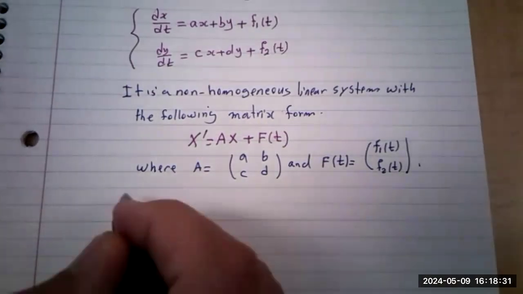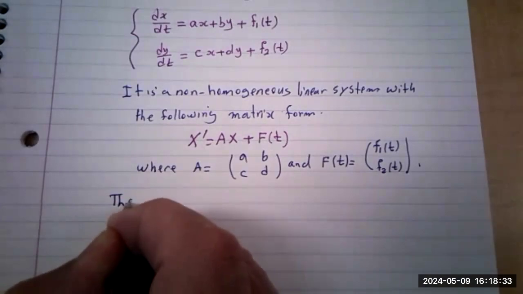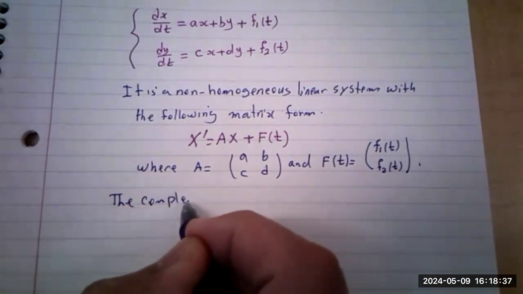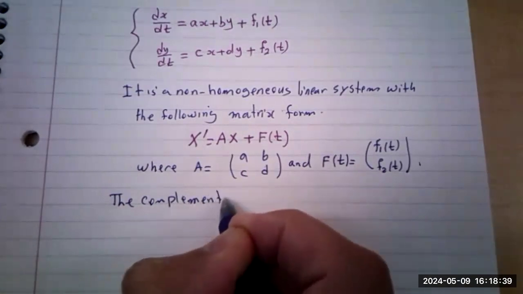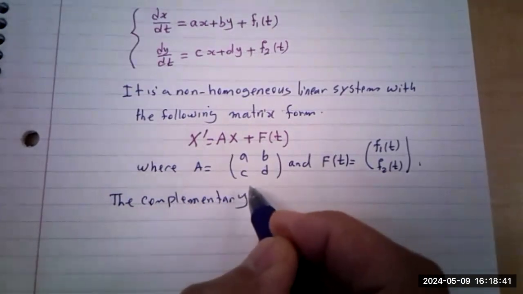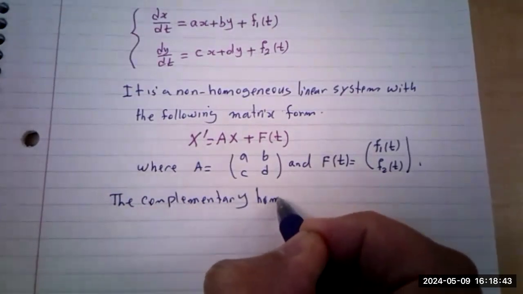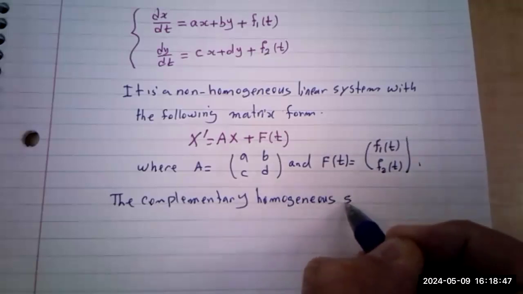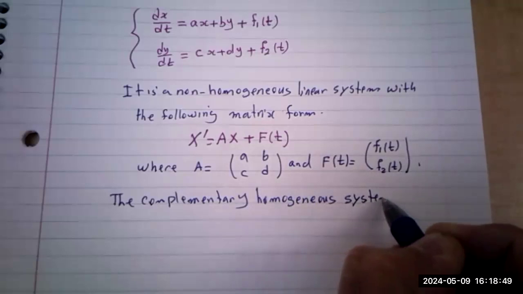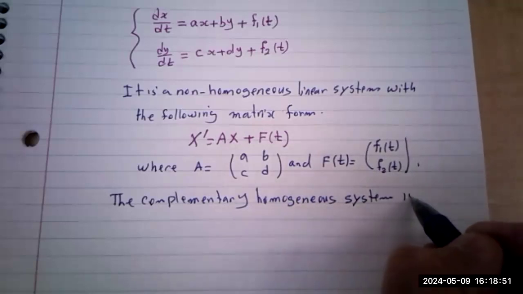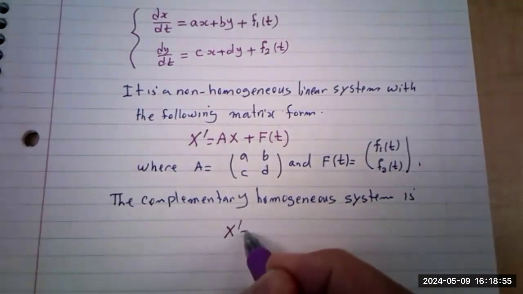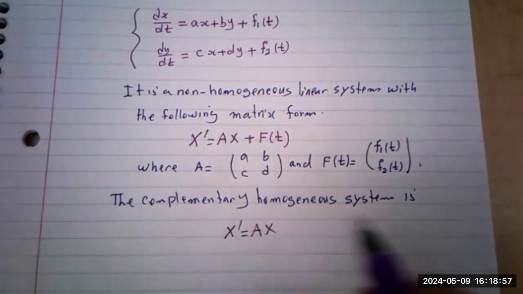So the complementary homogeneous system is x prime equals Ax.